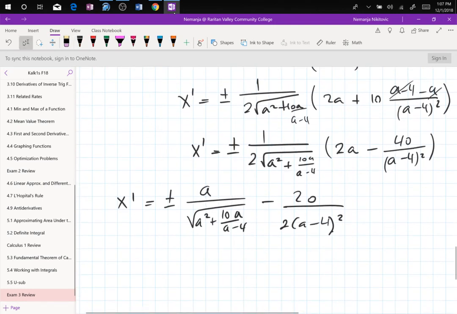Why do I have the extra 2 there? Because the 2 from here cancels the 40, gets a 20 times 1, and now you have square root of A squared plus 10A over A minus 4 squared. The denominator is wrong.